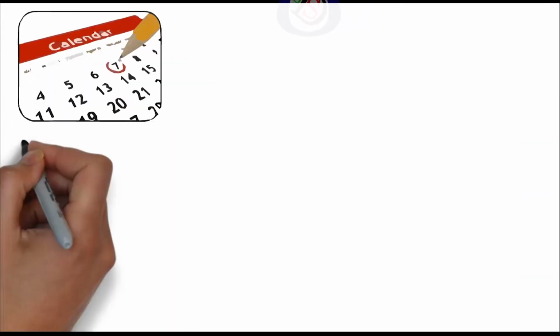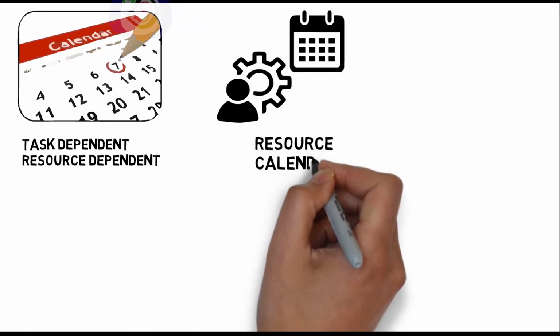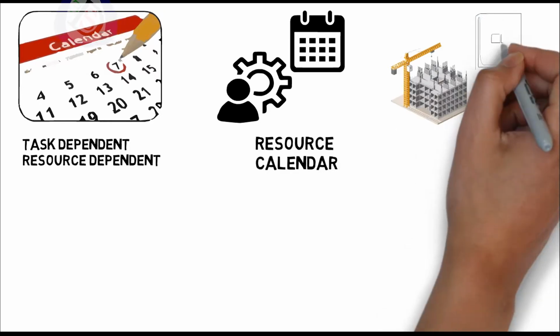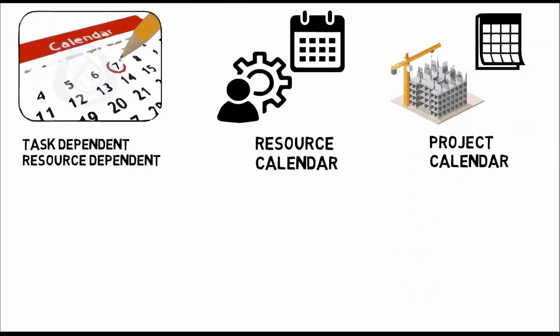Now I will go to task dependent activities and resource dependent activities. So we have a resource calendar and a project calendar here. Task dependent activities have a duration and will calculate the duration using the assigned calendar, even when one or more resources are assigned to the activities. So these are based on the project calendar. Resource dependent activities have a duration and calculate it using the calendar assigned to the activities.